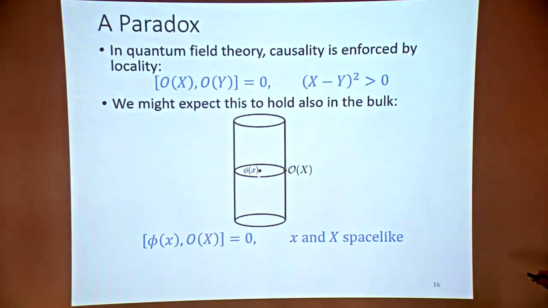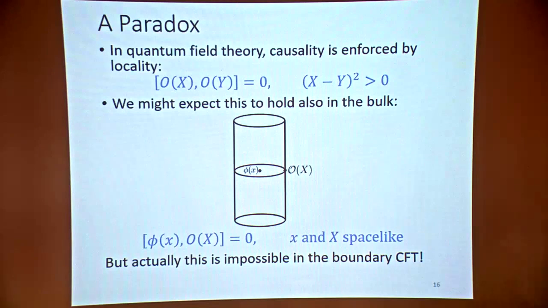So we might expect that, in anti-de Sitter space, if we take a constant time slice and look at the bulk operator at the center, call that phi, then phi should commute with O, because they're space-like separated. And this should work for any operator O on the boundary, whenever the two points are space-like.